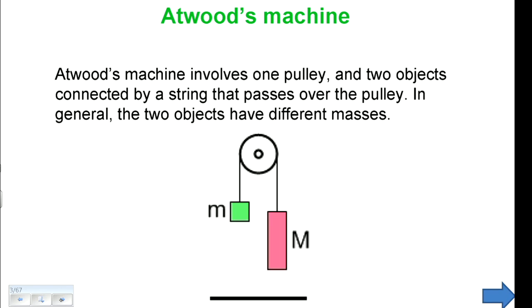How many times do we need to write Newton's law for this situation? How many Newton's laws do we need? 2. If we had a massive string, we would have to write an additional law for the string.